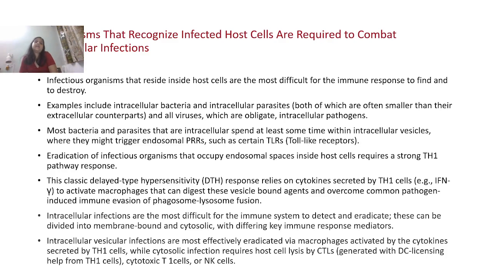So there are certain bacteria and parasites which spend some time within these intracellular vesicles, and they activate the PRRs known as toll-like receptors or TLRs. If we want to eradicate these infectious organisms that occupy the endosomal spaces inside host cells, we require a strong stage 1 pathway response.